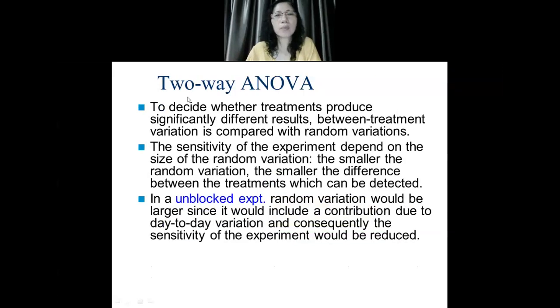Now, to decide whether treatments produce significantly different results, between-treatment variation is compared with random variation. The sensitivity of the experiment depends on the size of the random variation. The smaller the random variation, the smaller the difference between treatments which can be detected.